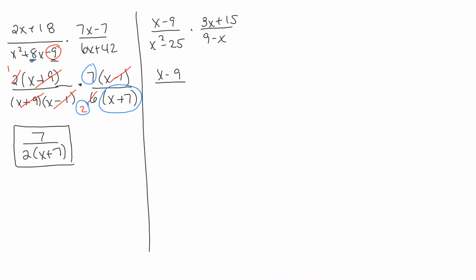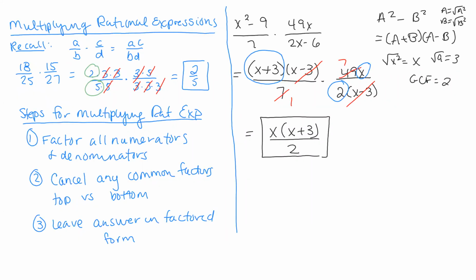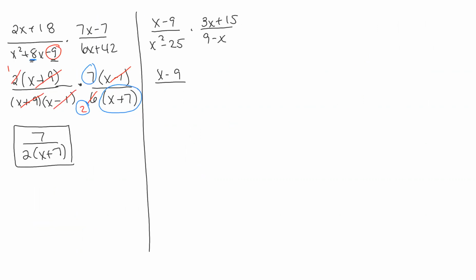My first denominator, I have the difference of squares. And remember this right here? The difference of squares right here. Remember how that works. So I take the square root of x squared, which is x. And then I take the square root of 25, which is 5.